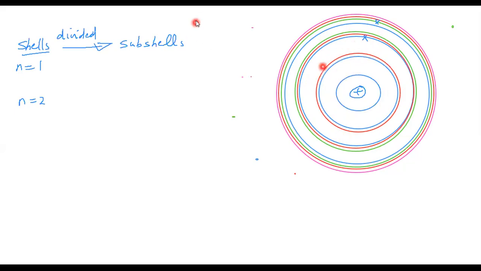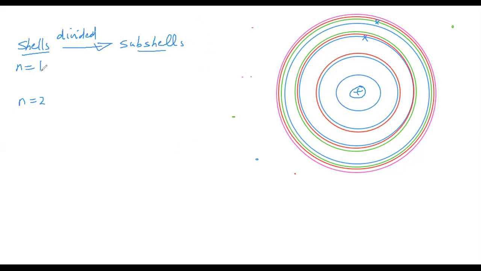That's why scientists decided not to give the subshells numbers, but to give them letters. So the shells will have numbers and the subshells will have letters.